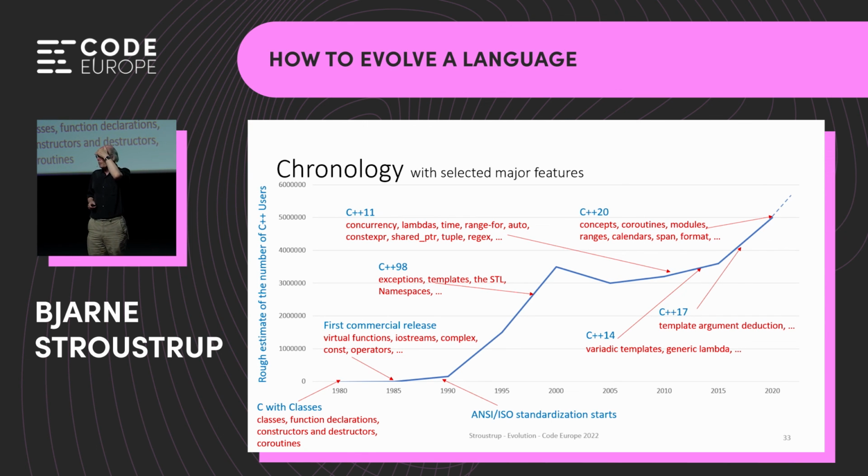Yeah, so Bjarne, what is your single largest regret in the evolution of C++, if you have any? Well, regrets are the wrong word. I knew I couldn't do it perfectly when I started. I just didn't have the resources.